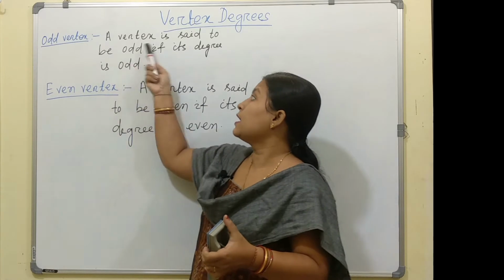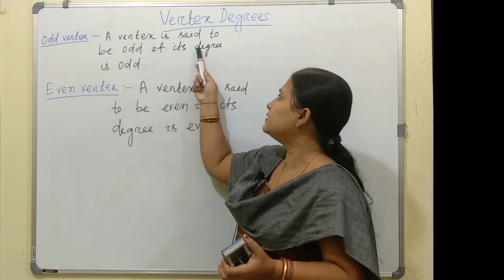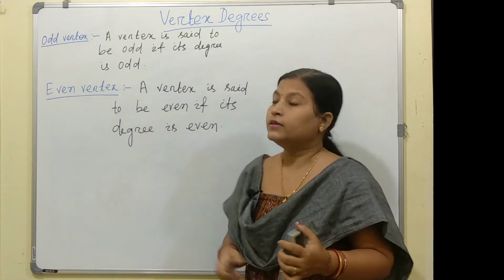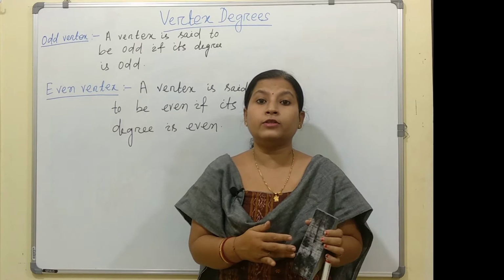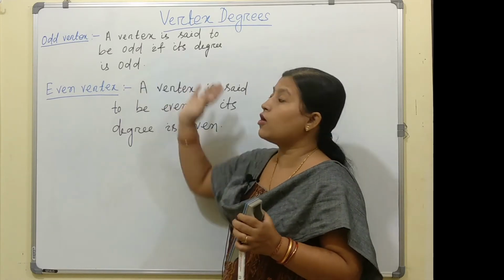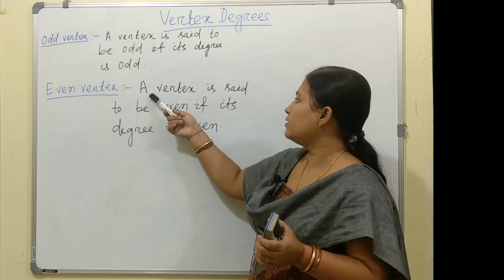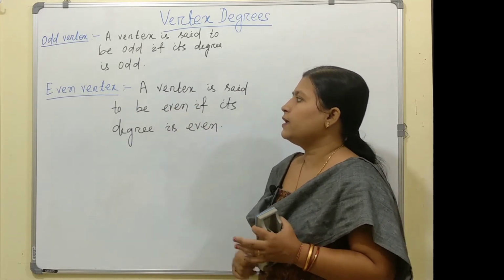Let us discuss the odd vertex and the even vertex. So what is an odd vertex? A vertex is said to be odd if its degree is odd. If the number of edges incident with the vertex is an odd number, then it is called an odd vertex. And a vertex is said to be even if its degree is even.